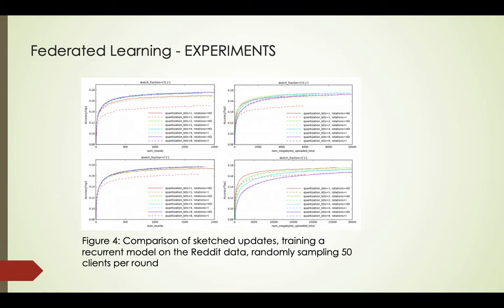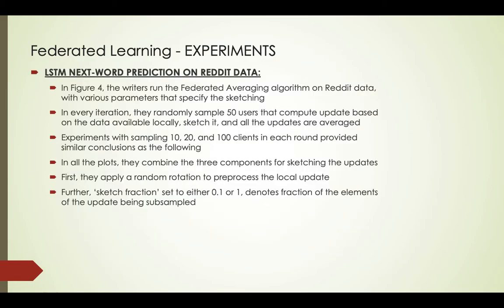This is figure 4, comparison of sketched updates training a recurrent model of the Reddit data, randomly sampling 50 clients per round. In figure 4, the writers run a federated averaging algorithm on Reddit data with various parameters that specify the sketching.